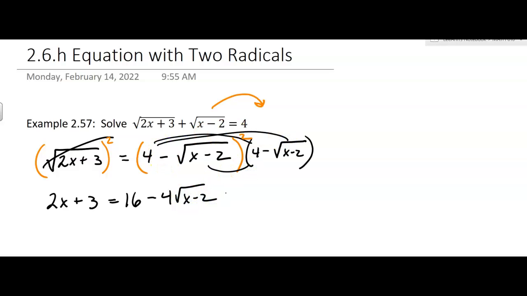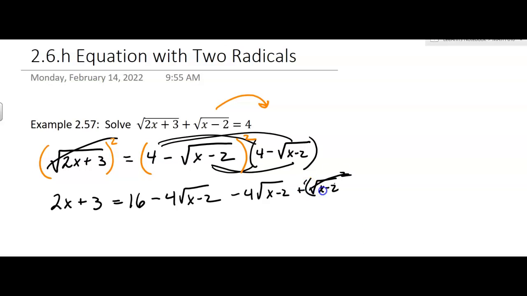There's going to be another minus 4 square root x minus 2. And then it's going to be positive square root of x minus 2 squared, right? So that's how that's working. Now, if you're saying, hey, the square root and the square cancel, yep, they do. Okay, I guess I should have put parentheses around that, but that happens.